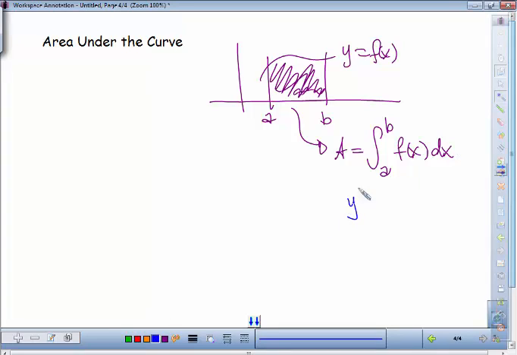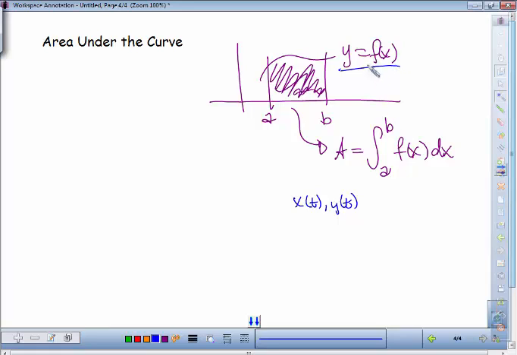You have y is equal to f of x, and then we have our functions, our x of t, y of t. They're functions of t. That's your parametric equation functions. So somehow we need to rewrite or rephrase this into something with t's in it.